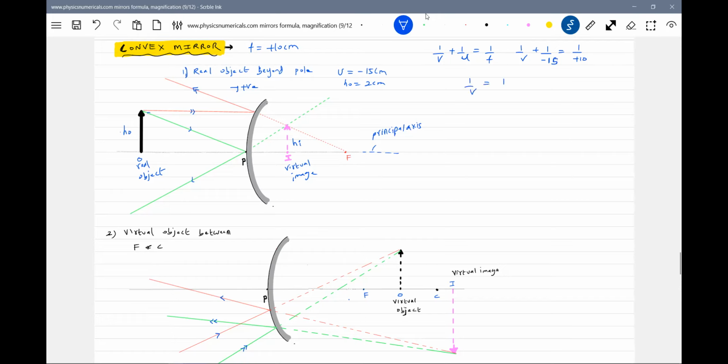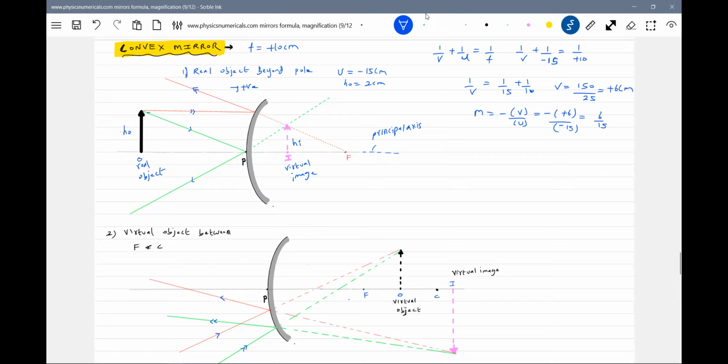1 by v equals 1 by 15 plus 1 by 10, which is 25 by 150, so v will be plus 6. Magnification is minus v by u: v is plus 6 and u is minus 15, so the magnification becomes 6 by 15.